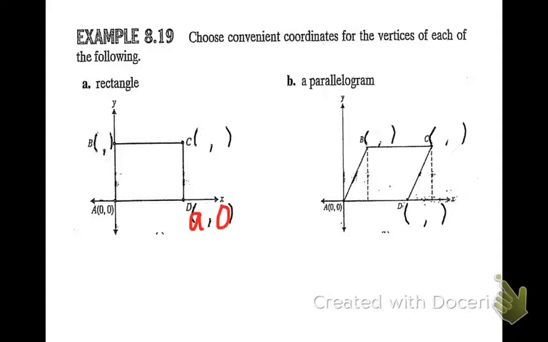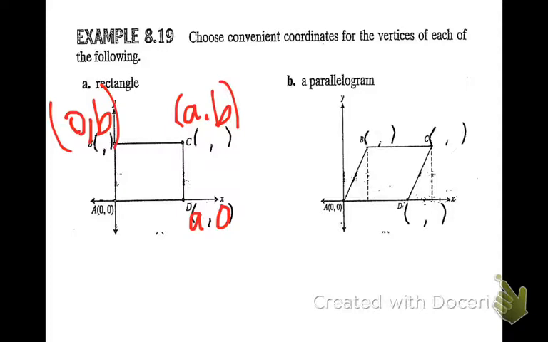Point B is 0 over, and we don't know the distance up is the same as the distance from A to D, so we'll call it B, 0B. Then point C is A over and B up, so we'd call it point AB. That would be labeling the points for a rectangle.